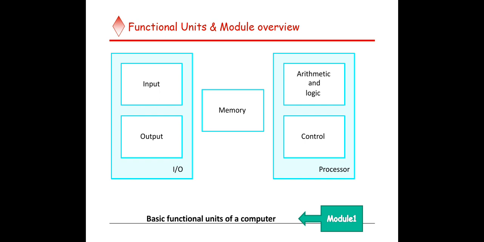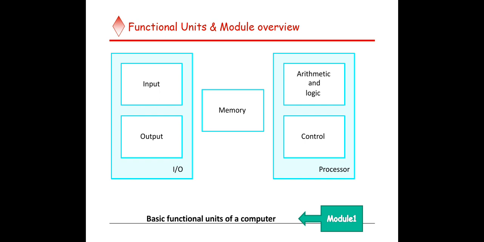So the first module just discusses the basic functional units of a computer, the basic introduction only: the structure of computers, what all components are involved in it, a basic overview of how an instruction is executed inside the computer, and what the different bus structures present in the system are.